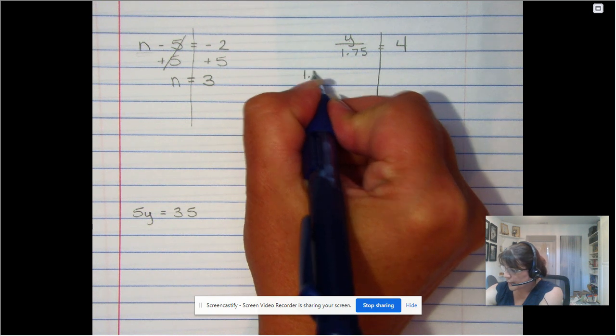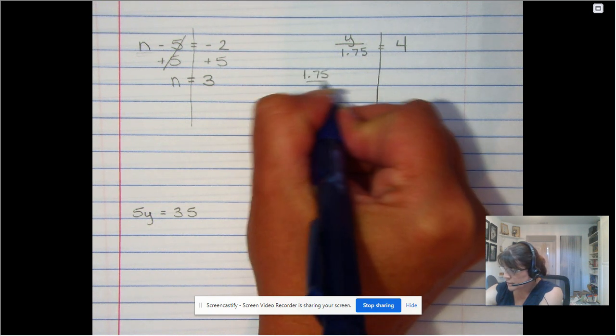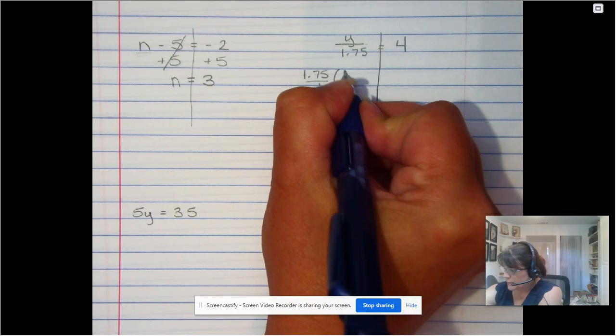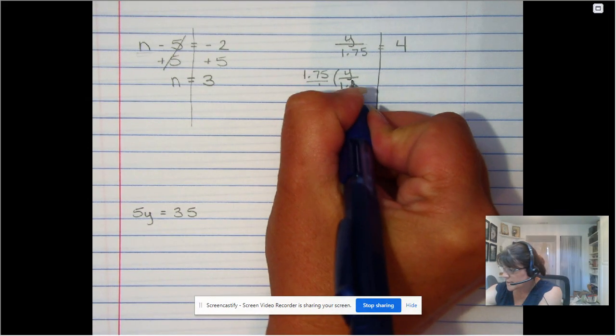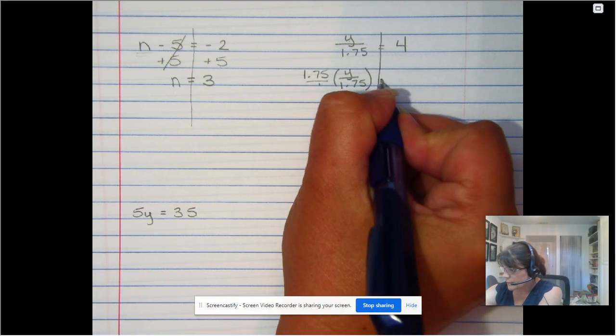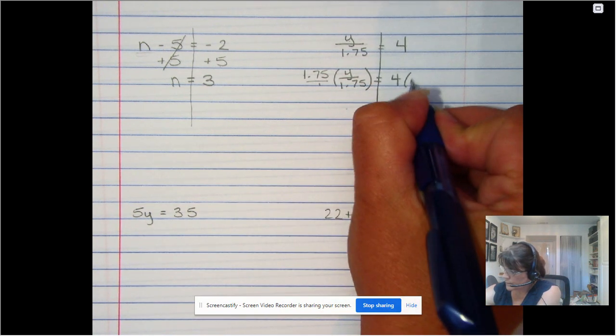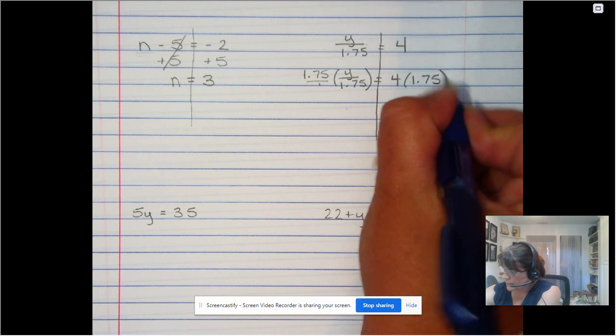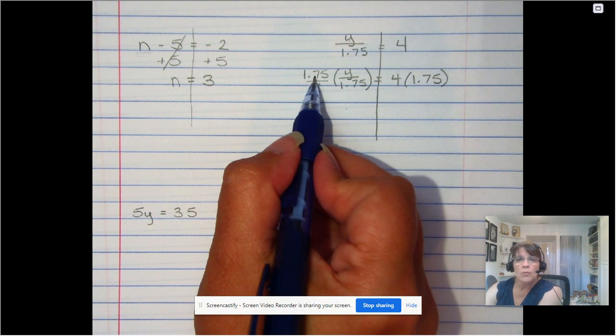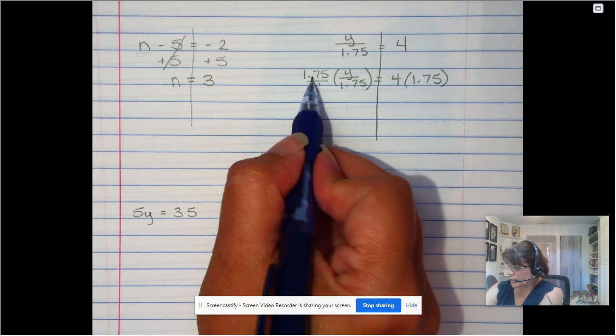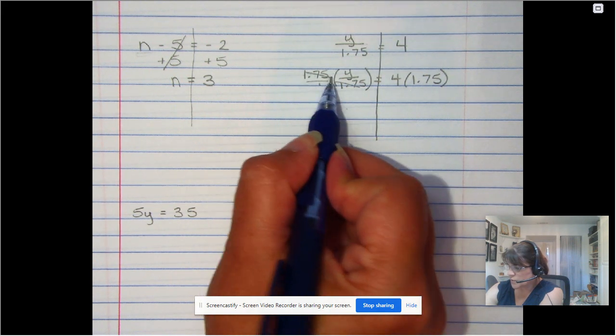If I multiply both sides of the equation by 1.75, when we multiply fractions, remember, we can just cancel these two out.